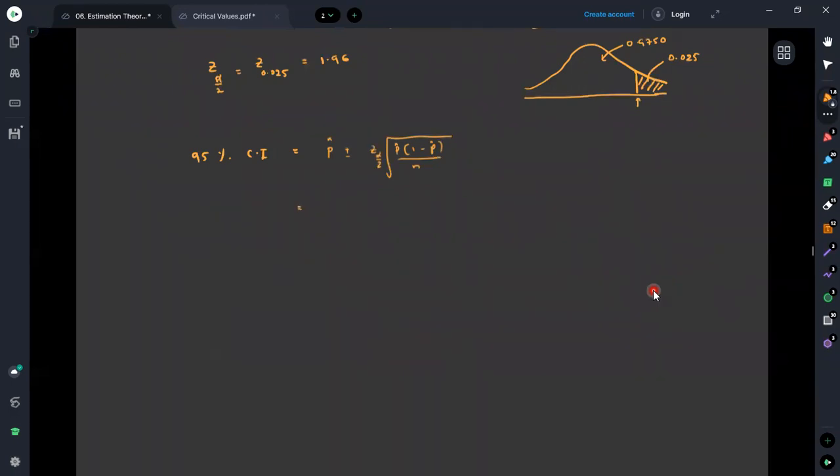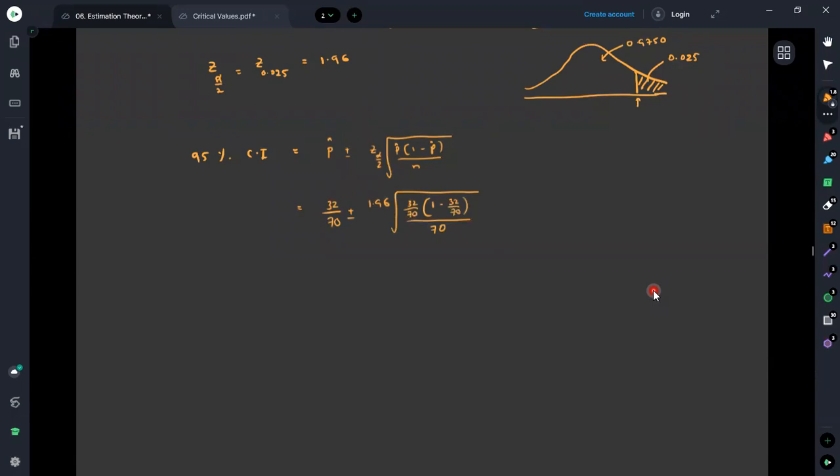We know the value of p hat, it is 32 over 70, plus or minus 1.96 for z alpha over 2. Then p hat is 32 over 70, and here it is 1 minus 32 over 70. Then divide this entire thing by 70, where n is 70 since it is the total number of observations that we have observed.